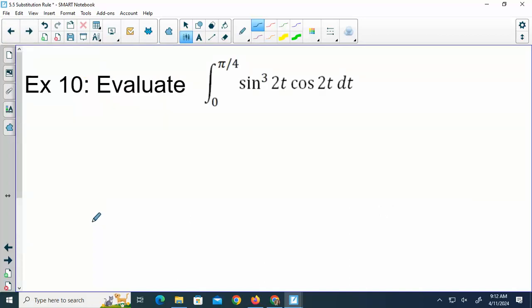Number 10. If I am looking at this one, can you tell what the inside function would be? Sine 2t, because that's the one with the exponent. So my u would be sine 2t. du: the derivative of sine is cosine, the angle stays the same, times the derivative of the inside, the derivative of 2t, which is 2, dt.